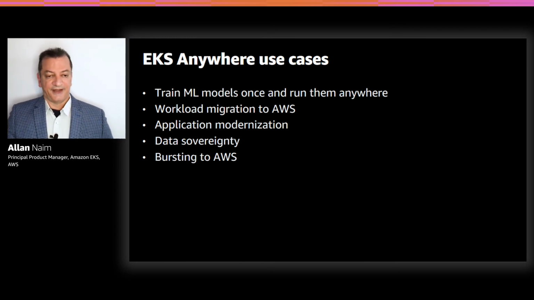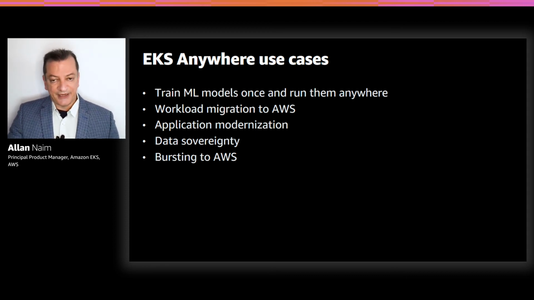Now, let's look at some of the common use cases that we're enabling with EKS Anywhere. The first is training your machine learning models in the cloud and running inference at the edge. You can train your ML models in the cloud using AWS's managed services and use the trained models to run inference where your EKS Anywhere clusters are running. The next use case is workload migration.